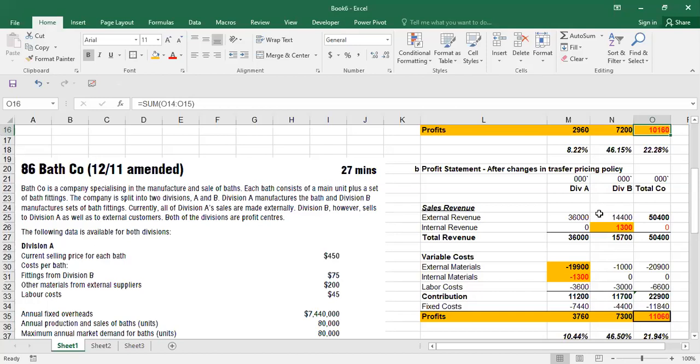Because if you make a mistake in your assumptions, or some mistake in the overall understanding of the process, your numbers will be wrong. Otherwise, it should not be very difficult, but it does take time, and it's a very important topic for the ACCA F5 long question. You don't get a short question from transfer pricing, you get a long question.